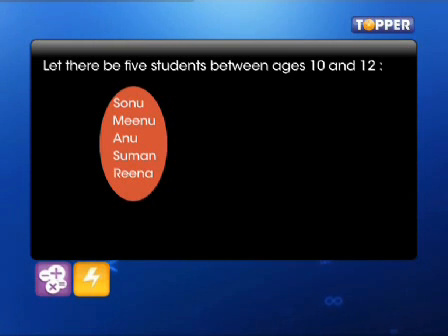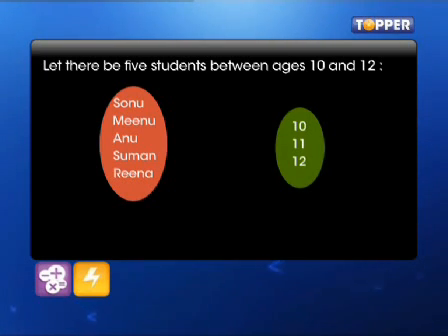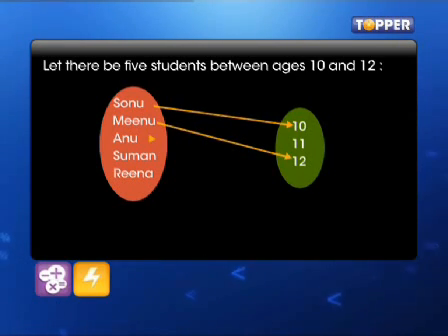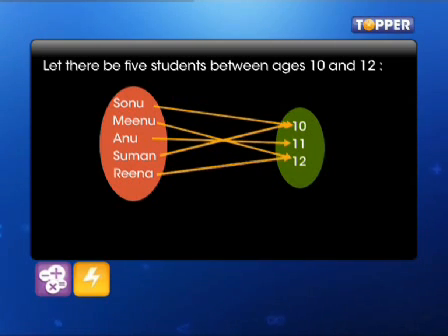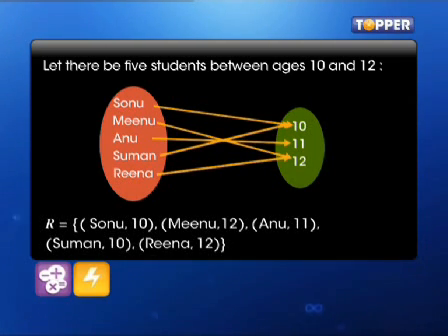Now by assigning the age to every child to their name, and by structuring this information with ordered pairs, we have the set Sonu 10, Meenu 12, Anu 11, Suman 10, Reena 12, all ordered pairs. Let's denote this set by R.